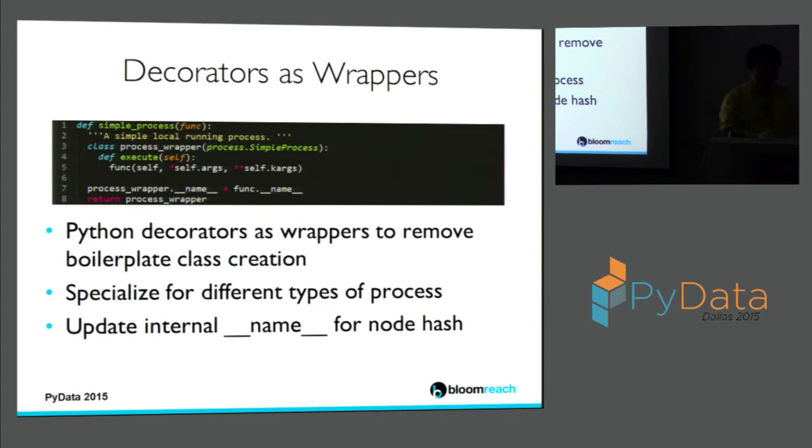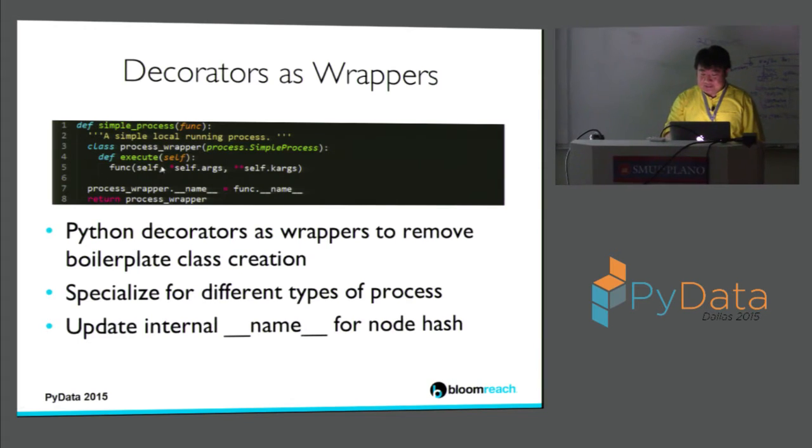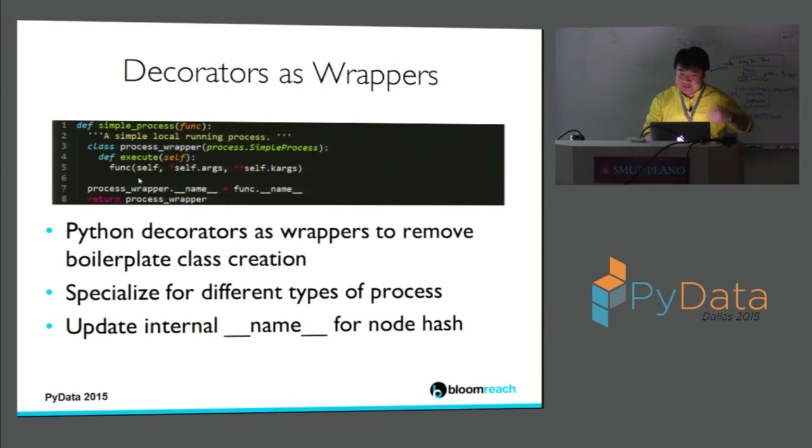As you can see, there is an inner class. Because it's inside a function, every single time you call this wrapper, Python creates a new type for you. And of course, in the execute function, we have to chain back to the original function you created.